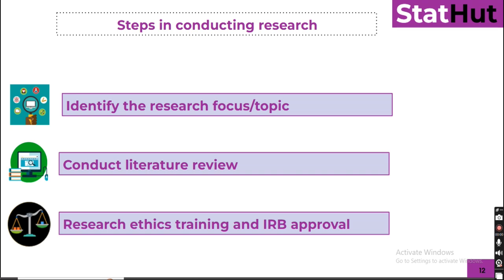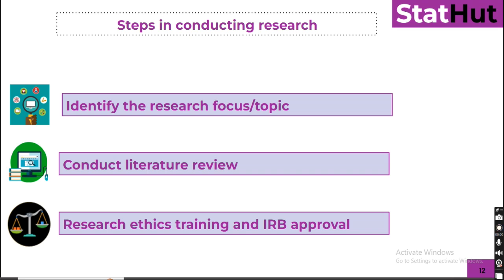Now, for the first point I highlighted, identify the research focus and topic. Before starting a research paper, we need to define a clear, streamlined, narrowed down question to what you actually want to study. Let's say, for example, in transportation, someone wants to find answers, just like I explained what research does, find answers and arrive at a conclusion.